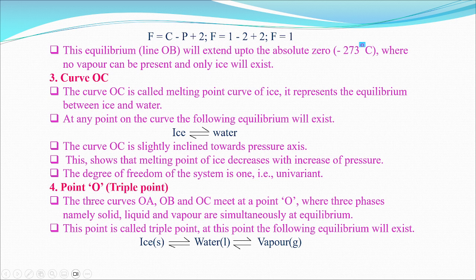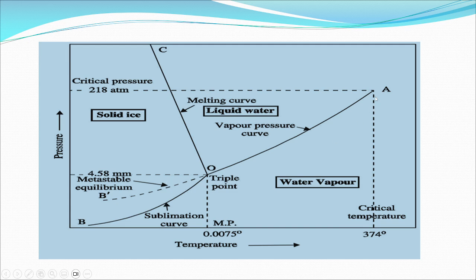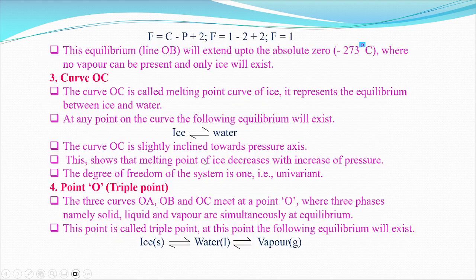Next we are going to discuss the triple point. The triple point is where the curves OA, OB, and OC meet at a particular point. At this point all the phases are in equilibrium with each other, that is solid, liquid, and vapor: ice, water, and water vapor.